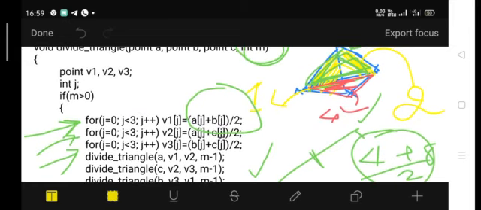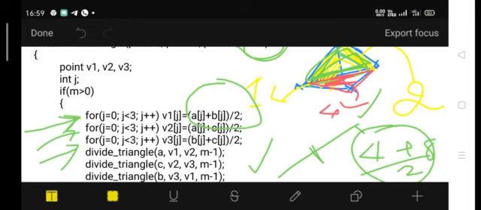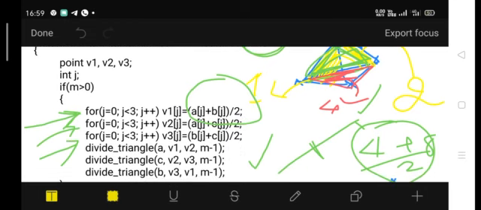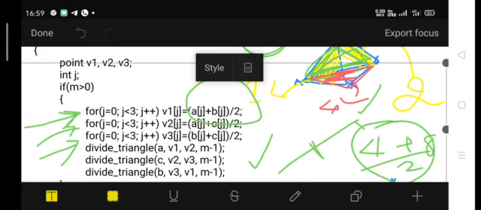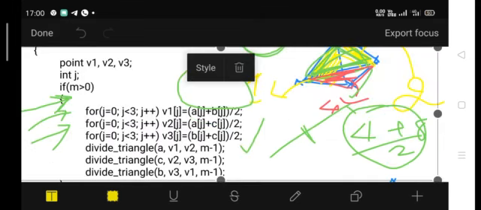That is what recursion is, guys. Recursion means calling a function by itself, passing a smaller version of the parameters. The parameters passed are different here: V1, V2, V3 will be the smaller version, the obtained values. By considering them, we call the same module again to perform the recursive subdivision.